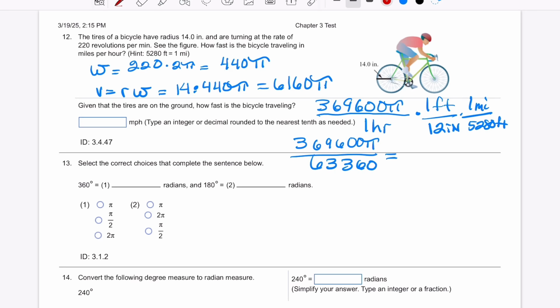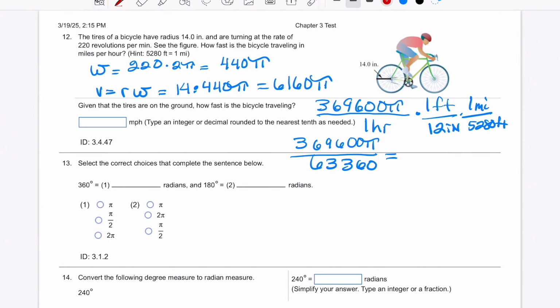And then number 12, the tires of a bicycle have a radius. Now, as soon as someone says radius, you should be thinking circle, right? Center of the circle out to the edge is the radius, and they are turning at a rate of 220 revolutions per minute. How fast is the bicycle traveling? So we're looking for speed.